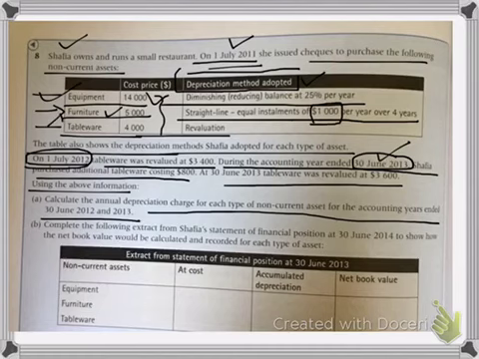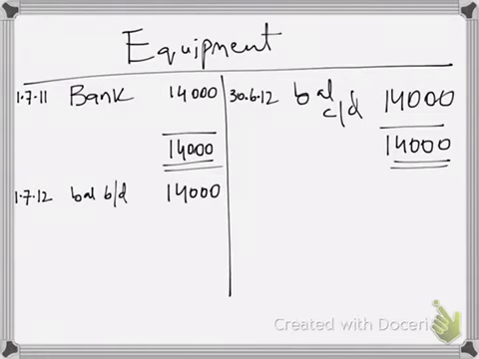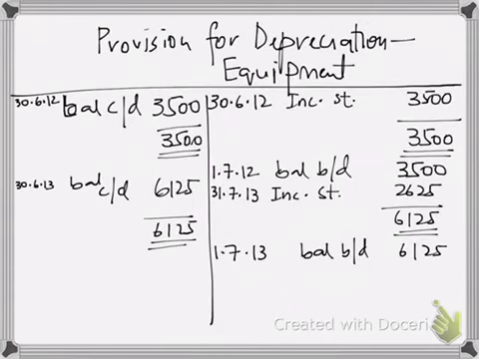You can see in the question that we bought the equipment on 1 July 2011. So I've made the entry in the equipment account on the debit side, and then I've balanced the T account. There was no further equipment bought, so that is why there's only one entry of 14,000 in this equipment's T account. Then here is the provision for depreciation account for the equipment.